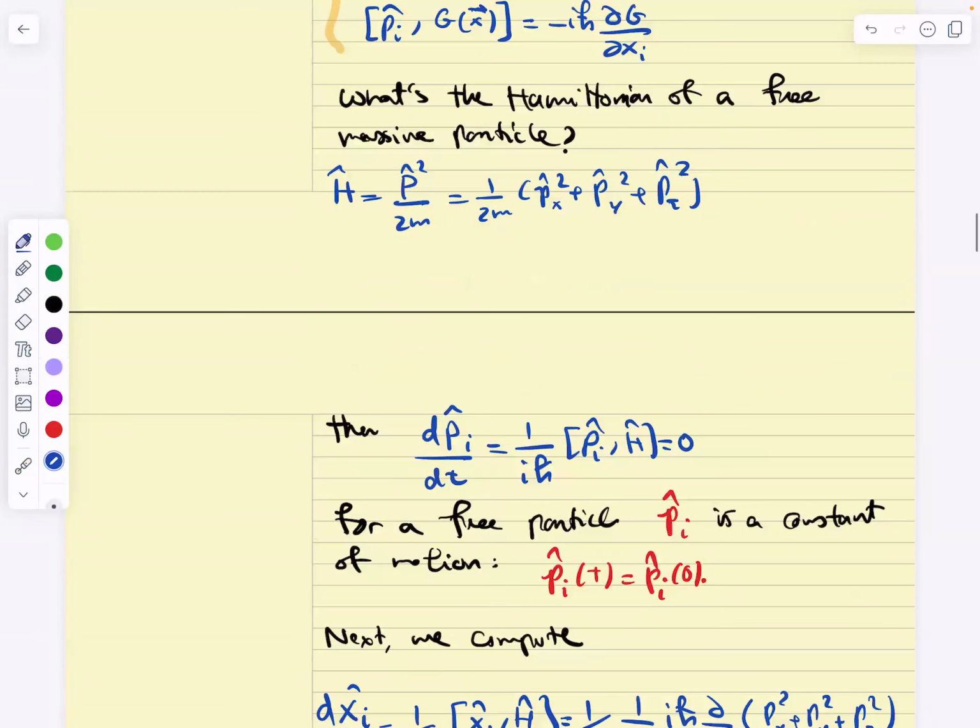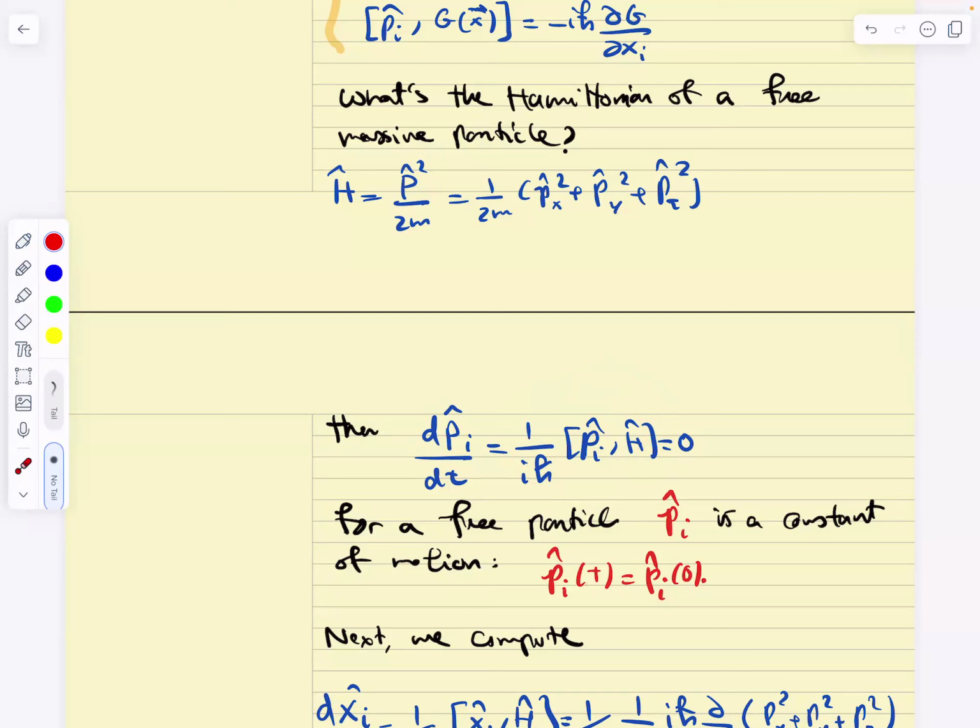I'm sorry, my p's and rho's look very similar. This discussion has no rho in it. What's the commutator of Pi and the Hamiltonian? I'm claiming it's 0. Well, Px, Pi and Pj just commute, so of course this would be 0. You learn that from the free particle: Pi is a constant of motion.